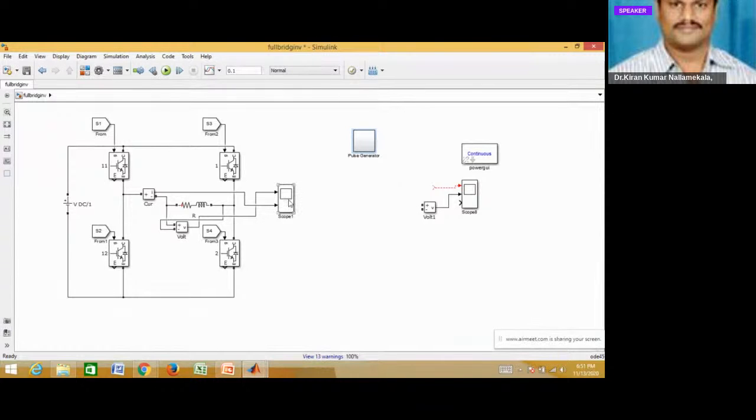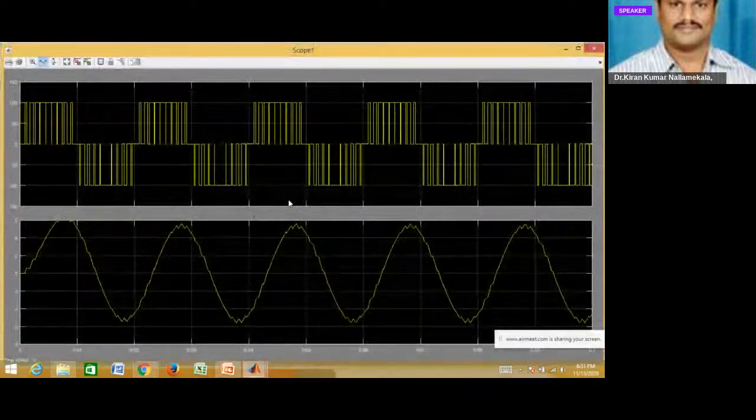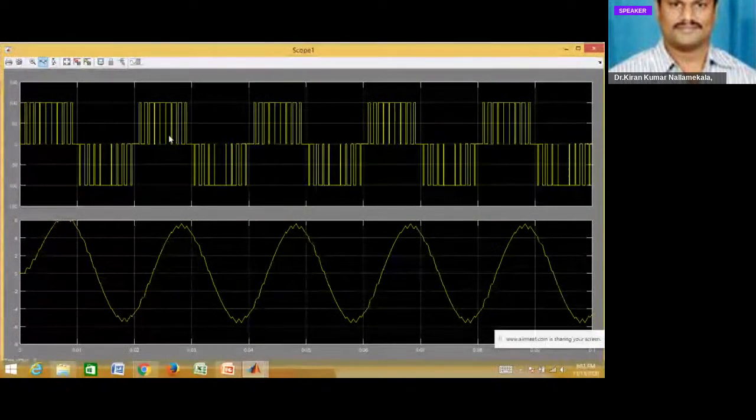Now see the voltage and currents. This is the voltage waveform. The voltage is varying from 0 to 100 and here 0 to -100, so dV is only 100. In the previous circuit, it varies directly from -100 to +100, so dV is 200. Here the variation in the voltage is only 100.